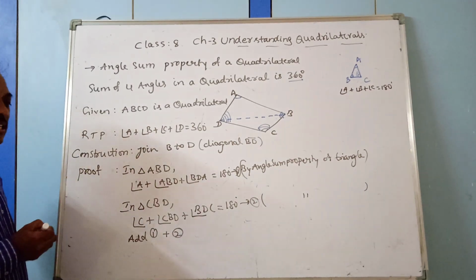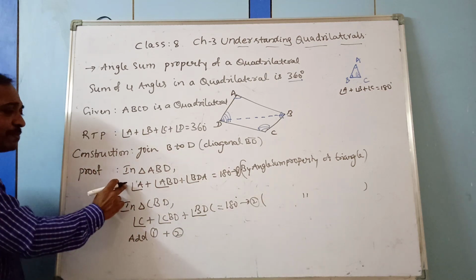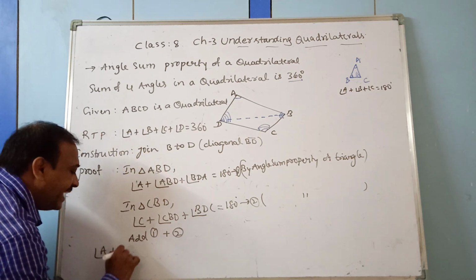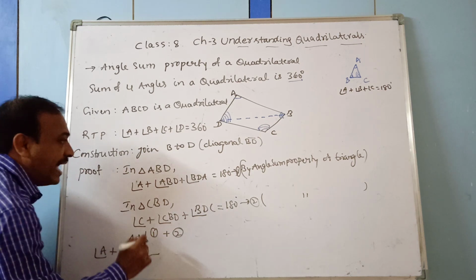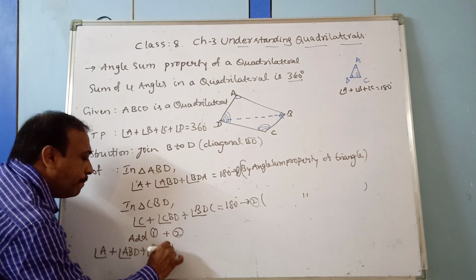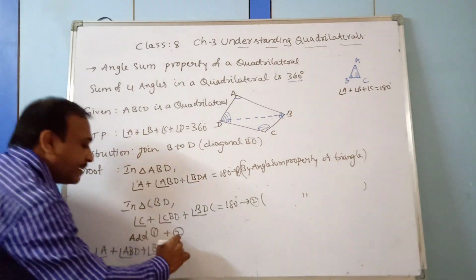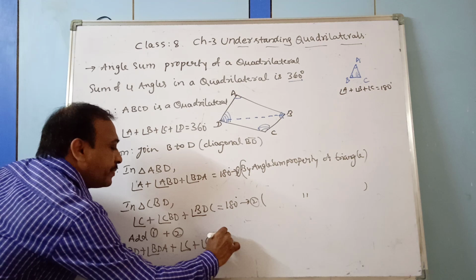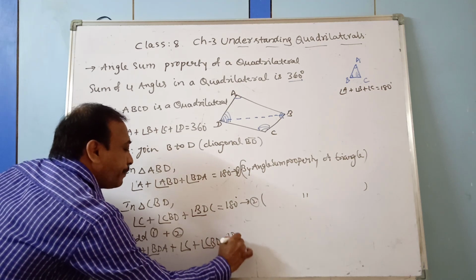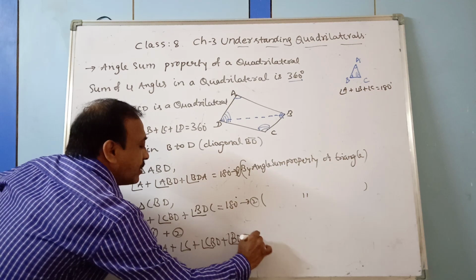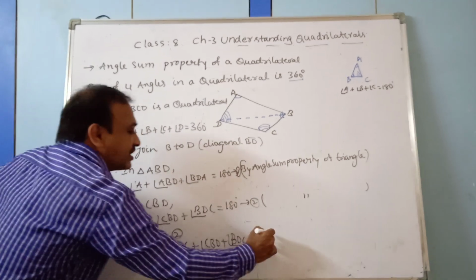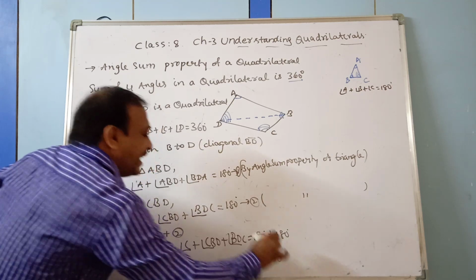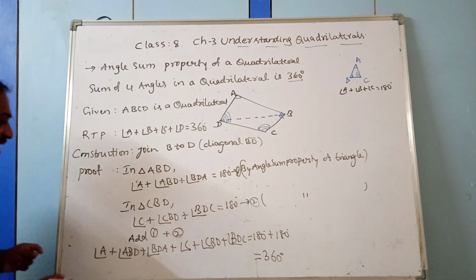LHS part with LHS and RHS part with RHS we are adding. So the LHS part, in the first equation you have angle A plus angle ABD plus angle BDA, plus in the second equation angle C plus angle CBD plus angle BDC is equal to, first equation 180, second equation 180, which will be equal to 360 degrees. Now I will arrange it in a proper way.